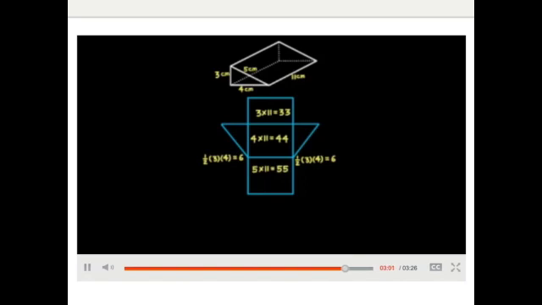To find the surface area, we add the area of each face. 6 plus 6 plus 33 plus 44 plus 55 equals 144 square centimeters. Great job finding the surface area of a rectangular prism and a triangular prism. See you next time.